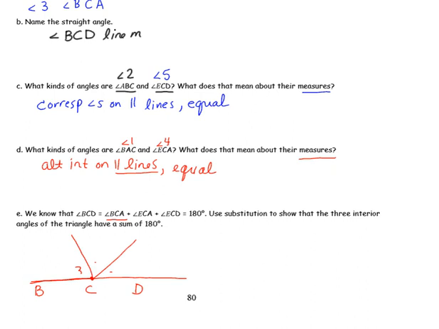So we had angles 3, 4, and 5. Okay, so we know that the 3 angles on the straight line add together to 180 degrees.